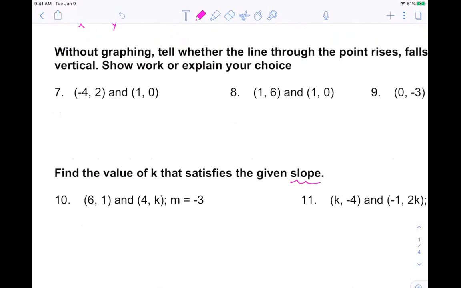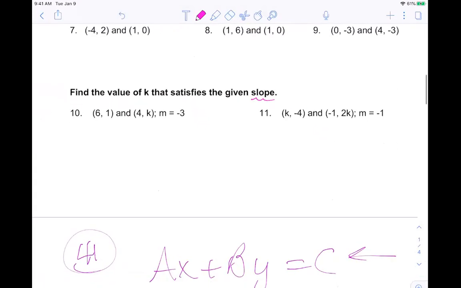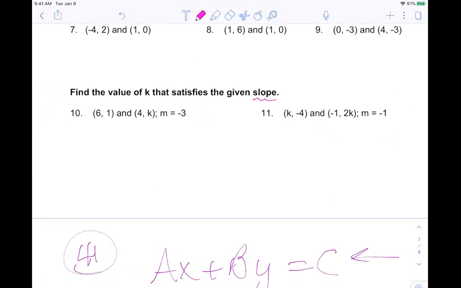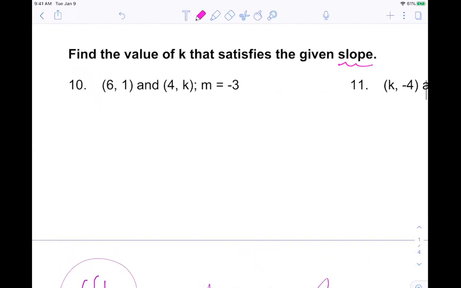So I like this pair of problems because it actually gives you the slope and it asks you to find a k value. And the k value represents a value in the ordered pair. So if you look at number 10, it says find the value of k that satisfies the given slope.